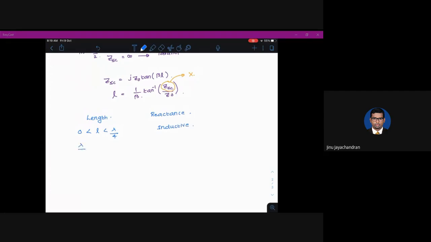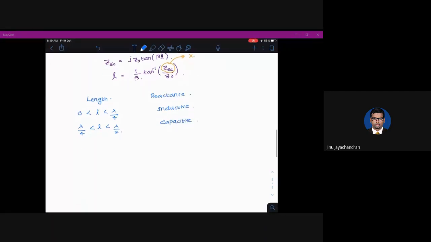For lambda by 4 less than L less than lambda by 2, it is capacitive. For odd multiples of lambda by 4, that is (2n plus 1) into lambda by 4, this is a series resonance circuit. Sorry, this is a parallel resonance circuit.